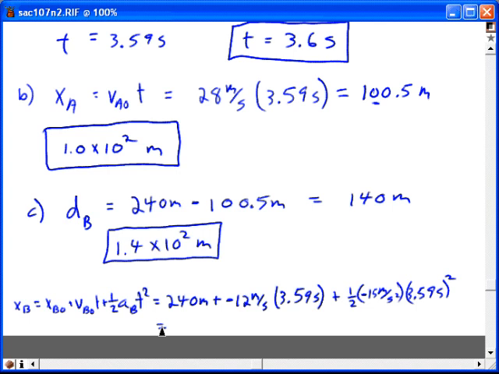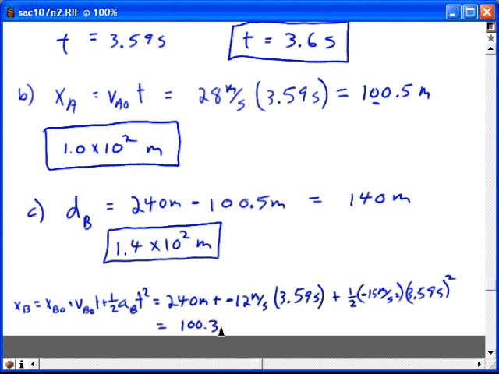So 240 minus 12 times 3.59 plus 0.5 times a minus 15 times 3.59 squared. And I get 100.259, so I call it 100.3.